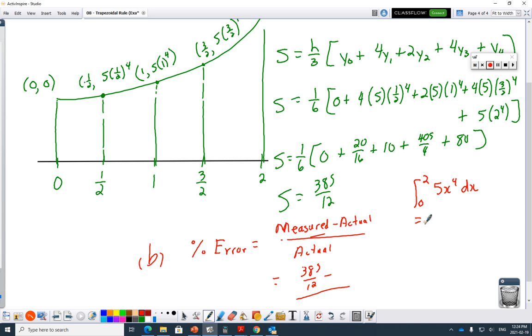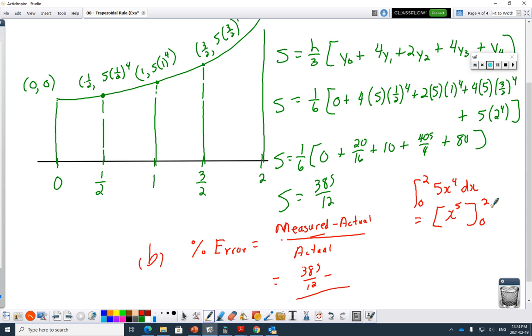How do we do antiderivative of 5x 4th? Look at the exponent and go one bigger. Start there, x to the 5th. And then, okay, I'm going to multiply by 5, so I've got to divide by 5 whatever's out there. Oh, it's a 1. So x to the 5th is the antiderivative of 5x to the 4th.